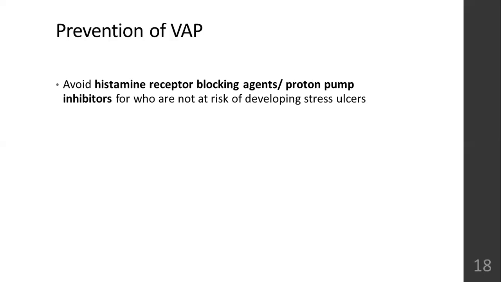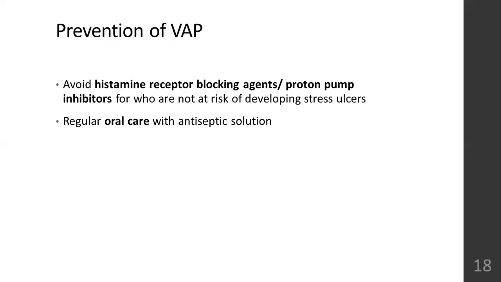This will reduce the acidity, but avoid it because you need the stomach to be acidic to take care of the microorganisms. If the stomach is not acidic enough, microorganisms will colonize the stomach and put the patient on the ventilator at more risk of developing pneumonia.